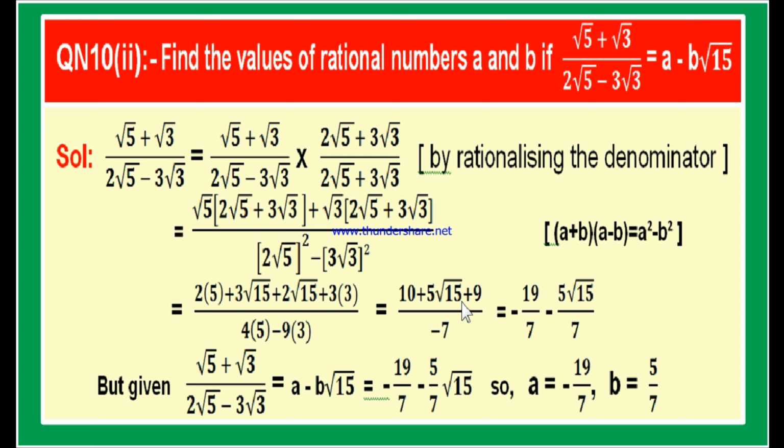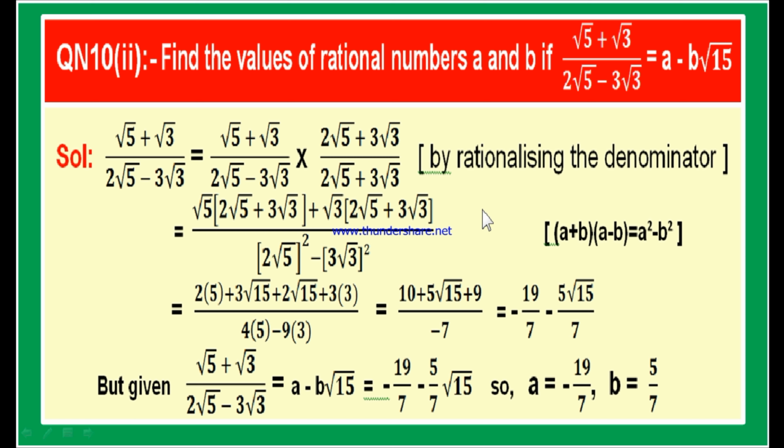Now 10 plus 9 is 19, plus 5√15, by −7. Now let us write this as two fractions: 19 by −7, or −19/7, plus 5√15 by −7, that is −(5/7)√15.